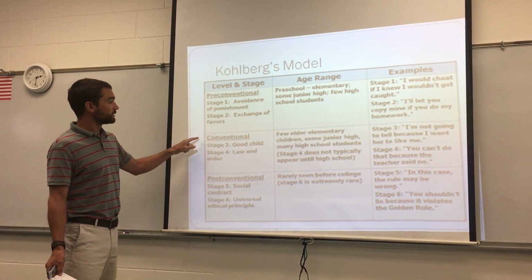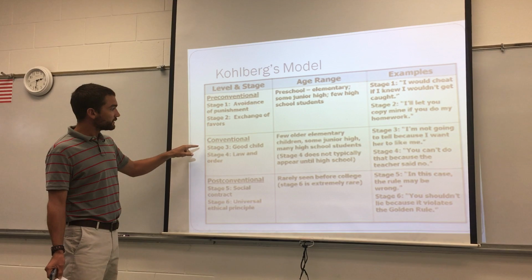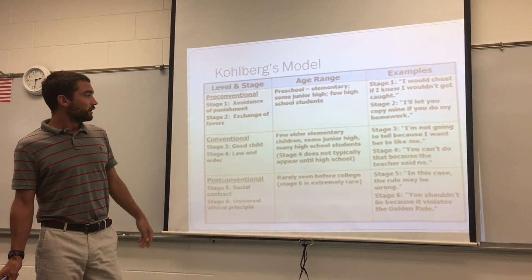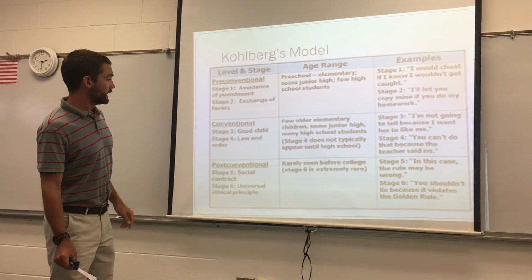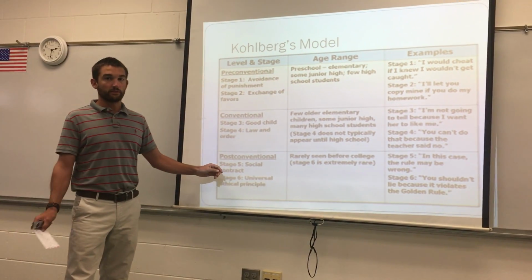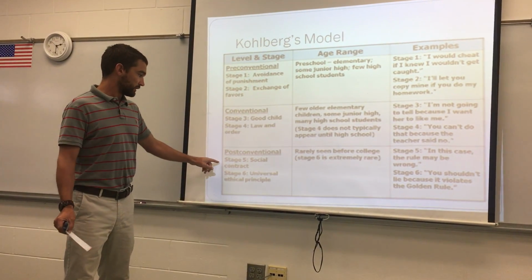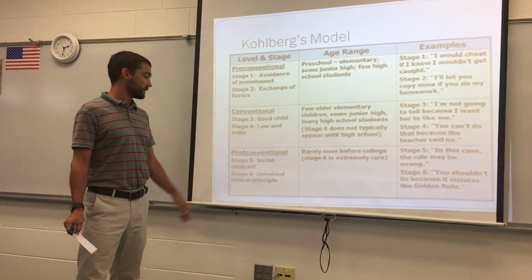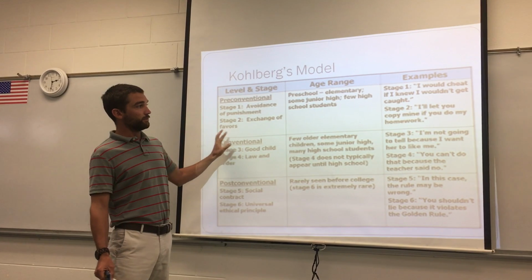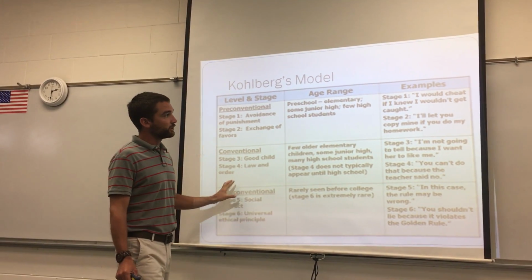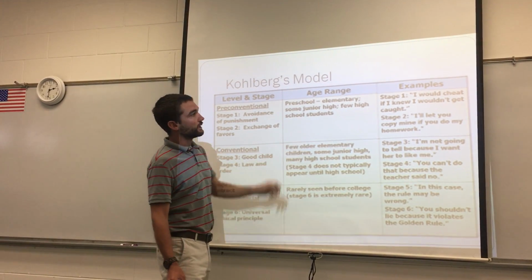Then the conventional level was stages 3 and 4, good child and law and order. And then we have our post-conventional stages, which are stages 5 and 6, social contract and universal ethical principles. There are a couple of different versions you can see if you look it up, but this is the one that I just chose.